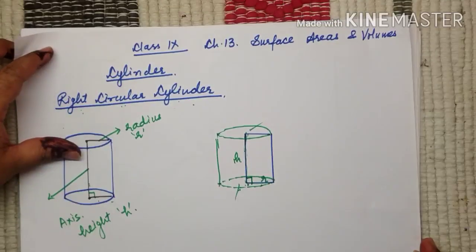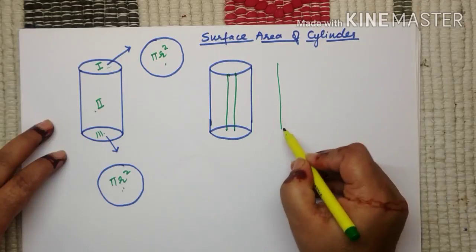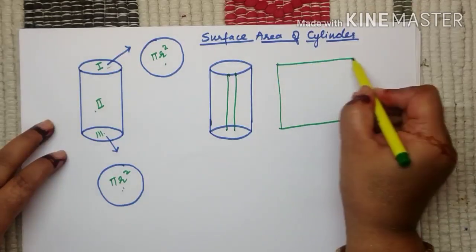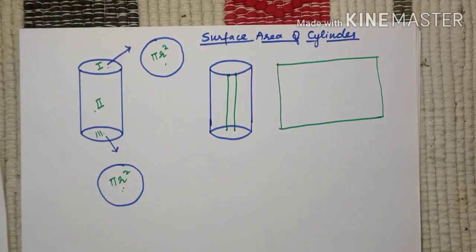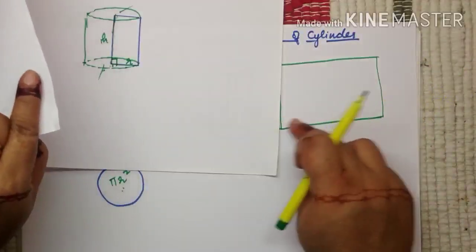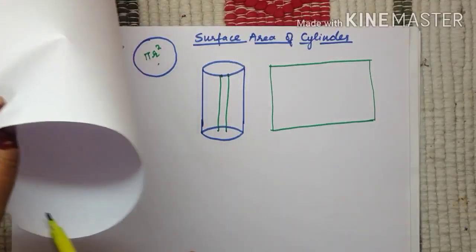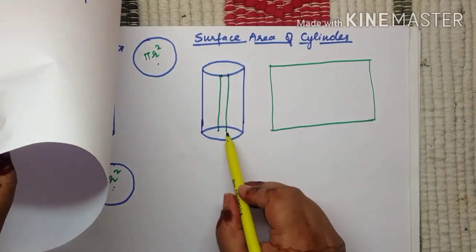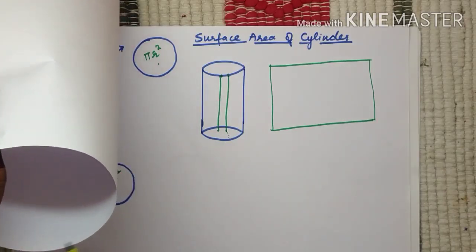I get a rectangle. Now observe, children, the base of this rectangle is nothing but the circumference of the base of the cylinder. The base of the cylinder was a circle, so this is the circumference of the circle.